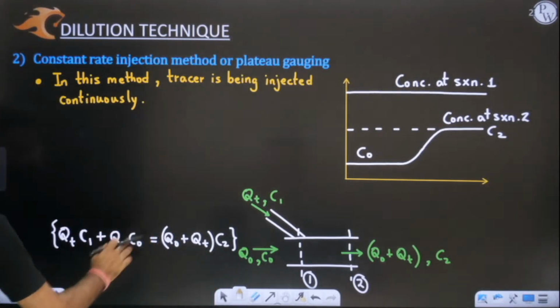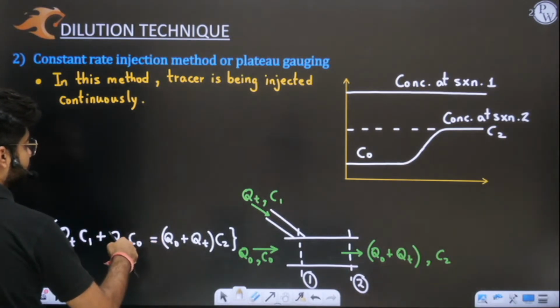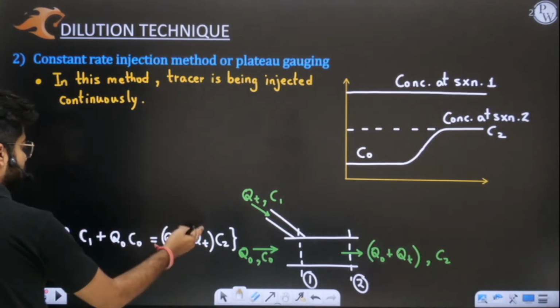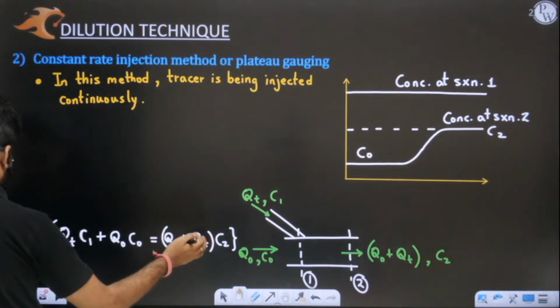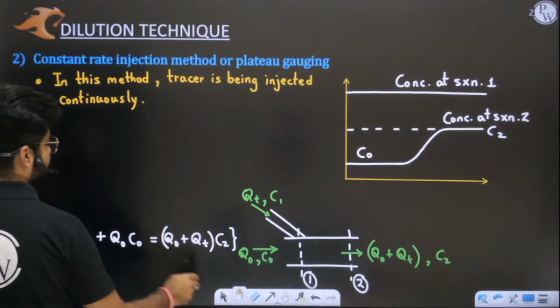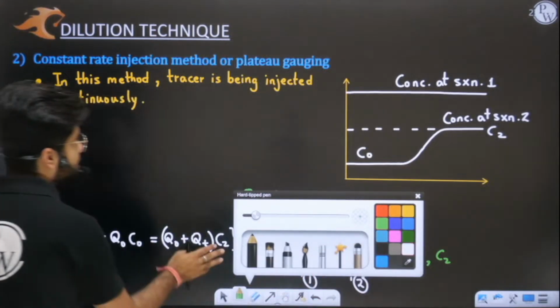From here you will find Q0, the discharge of the river. Bring the Qt term and the Q0 term to one side. This is very simple to solve.